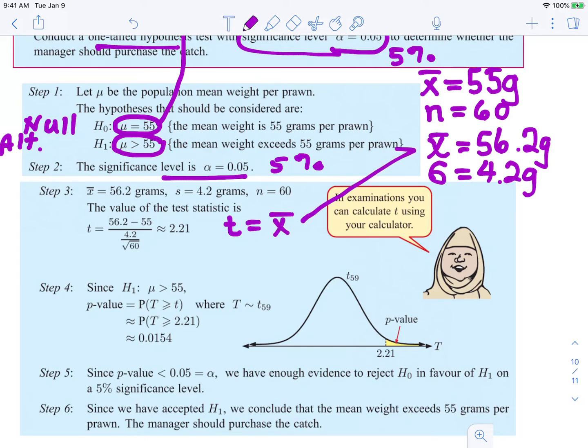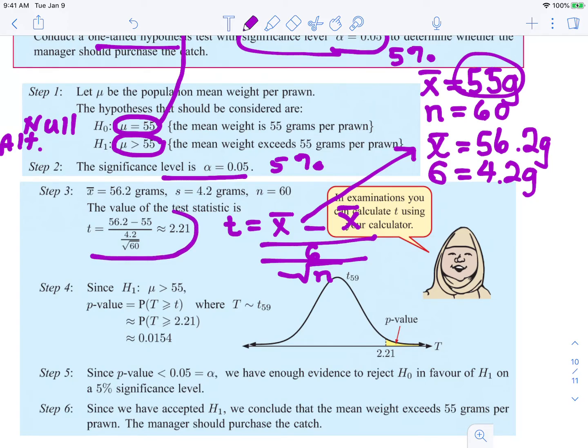So that sample of 60 prawns was 56.2 minus what you want, 55, over the standard deviation, and then you divide that by the square root of the sample size. So this equation will go into your calculator, and that is your t.